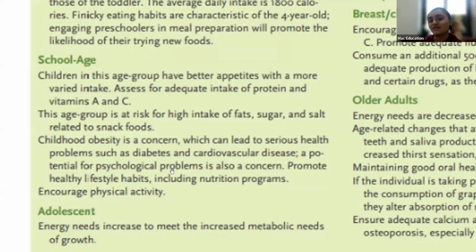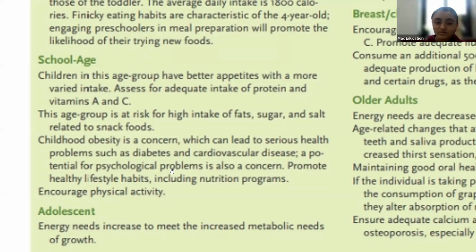So there are three types of that. One is compulsive overeating, one is anorexia nervosa, and one is bulimia nervosa. There are three types of eating disorders.